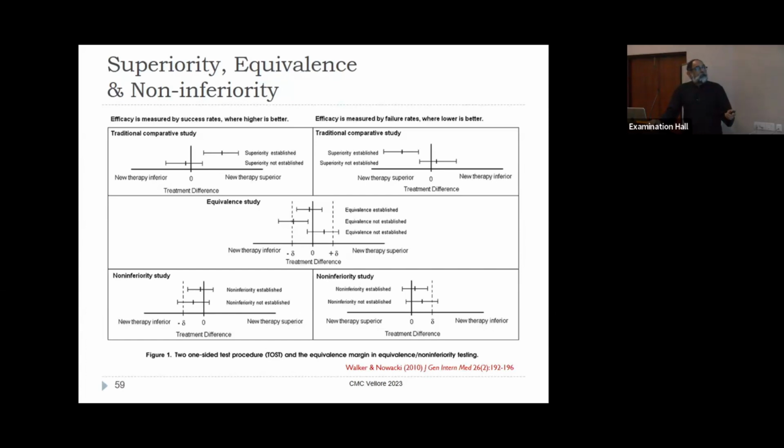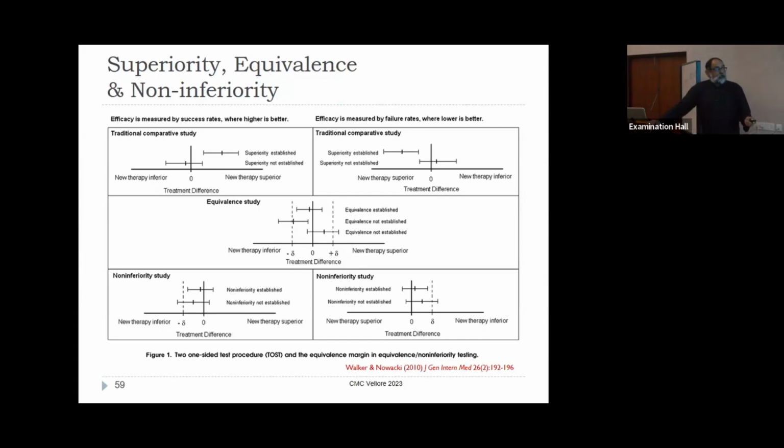Okay? And equivalence, you have these very narrow ranges here, and this would have been gamma. Now we put a little delta here because I copied it from here. So that's another confusing aspect. But equivalence is only when you're within that narrow band. And equivalence, even if the new therapy is inferior, you're over here. But here, the new therapy is actually even superior, and you're on this side. Equivalence is not established.